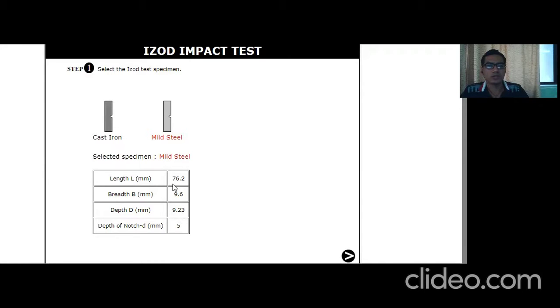That is nothing but the standard dimensions of the specimens, 10 by 10 by 80 mm for the ISO test specimen. So in simulator mode, it will take the dimensions as 76.2, 9.6 and 9.23 with the depth of notch equal to 5 mm.